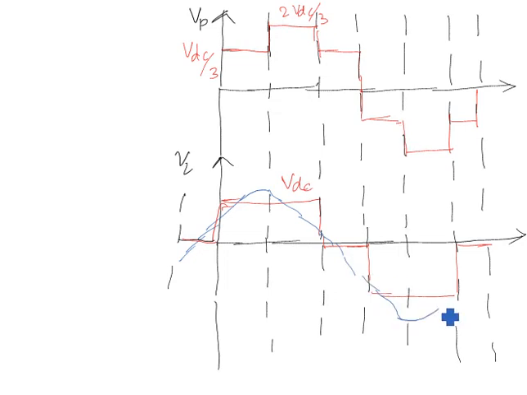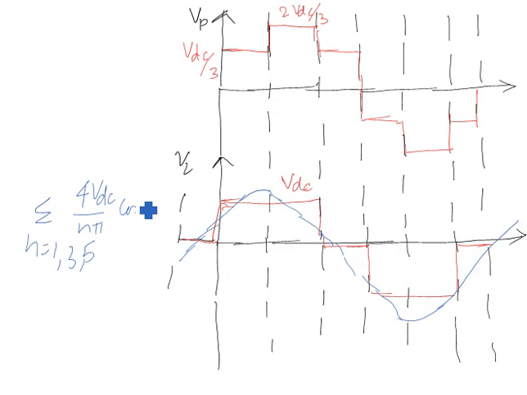The Fourier series of this waveform is the summation for n equal to 1, 3, 5 of 4 VDC upon n pi, cos of n alpha by 2. This time alpha is this period, that is 60 degrees, so alpha by 2 means 30 degrees.